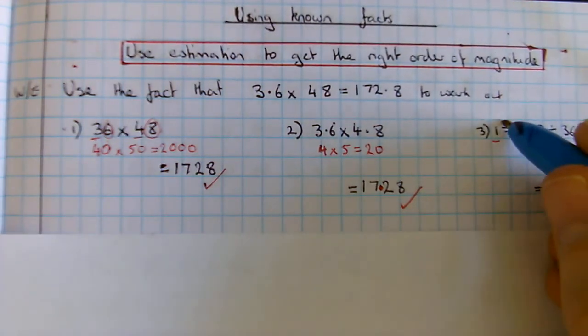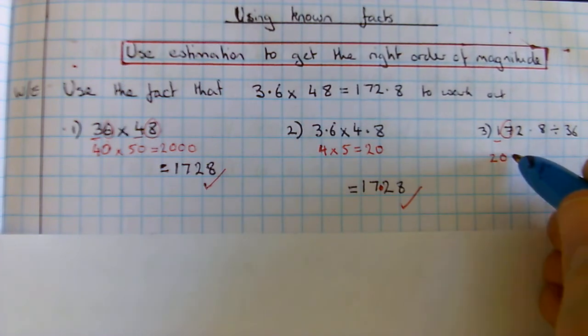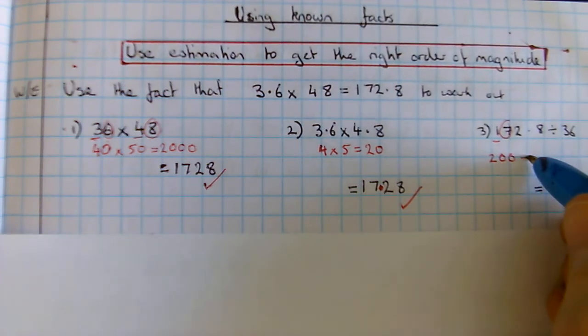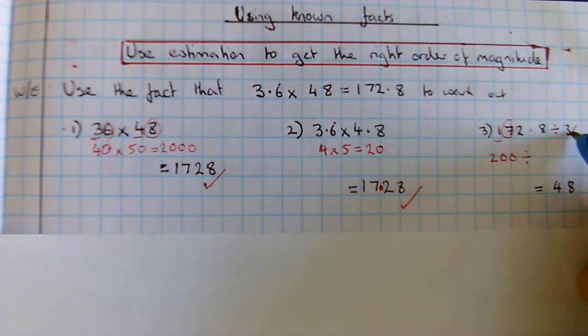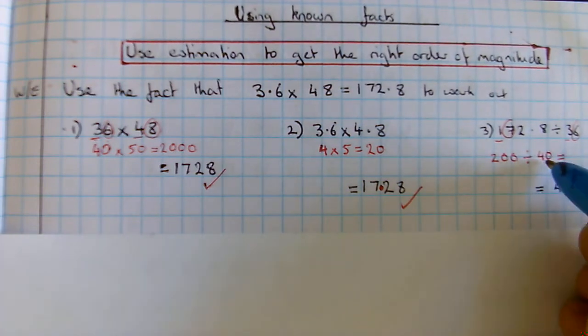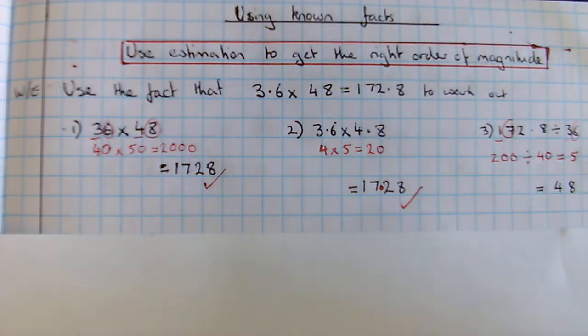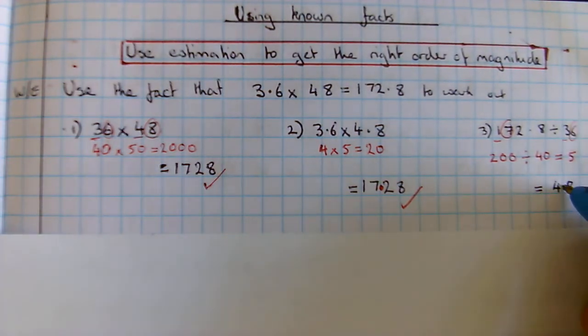So I've got my 7, which pushes my 1 up to 2. So it's going to be 200 divided by, my 6 is going to push my 3 up to a 4, divided by 40. 200 divided by 40 is 20 divided by 4, which gives me 5. The closest I can get to 5 there is going to be 4.8.